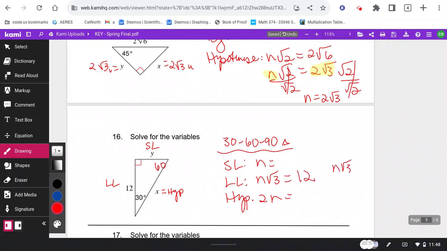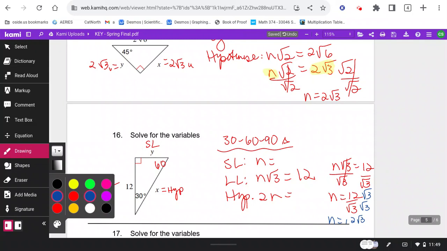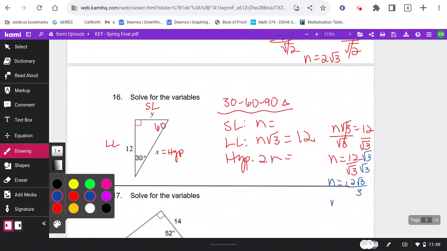So we have to solve this little equation backwards to find out what n is. When we divide by root 3, we know we have to rationalize that denominator because we can't leave a root 3 in the denominator. So it comes out to 12 root 3 over 3, or 4 root 3. All that work was to get this 4 root 3 part, u for units, and then double that, 8 root 3. And we're done.